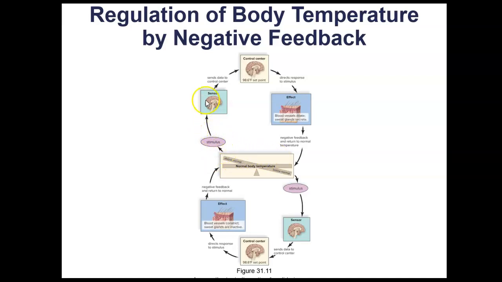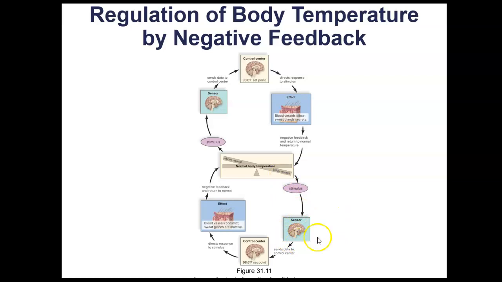We have the stimulus and the sensor that lets our hypothalamus in our brain, our control center, know that our body temperature has gone above the set point of 98.6. This causes our effectors, which are blood vessels, to dilate and our sweat glands to secrete, and that hopefully will drop our body temperature back to normal.